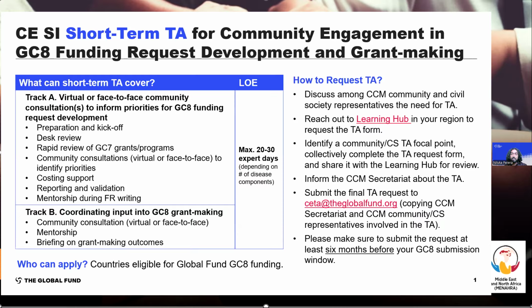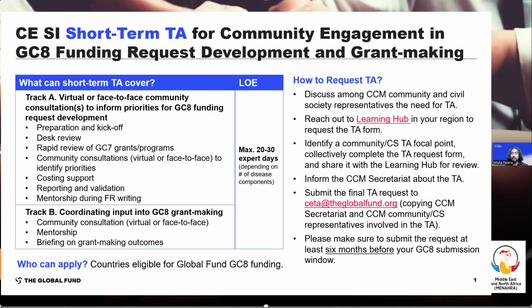This provides a maximum of 20 to 30 days of consultancy to support communities to do desk reviews, rapid reviews of programs, bring communities together for consultations, develop community priorities, validate them, and then to engage in grant making processes.